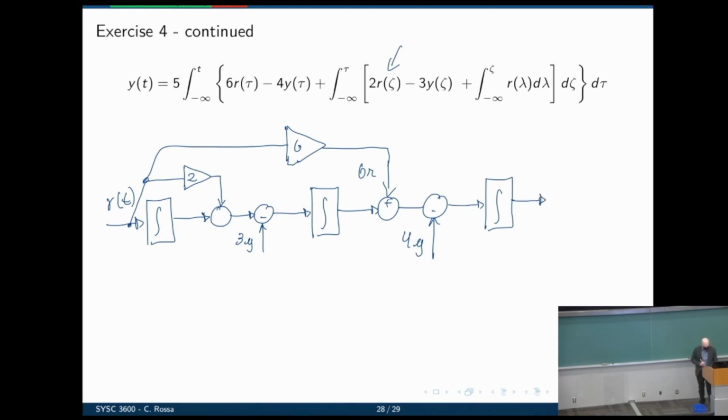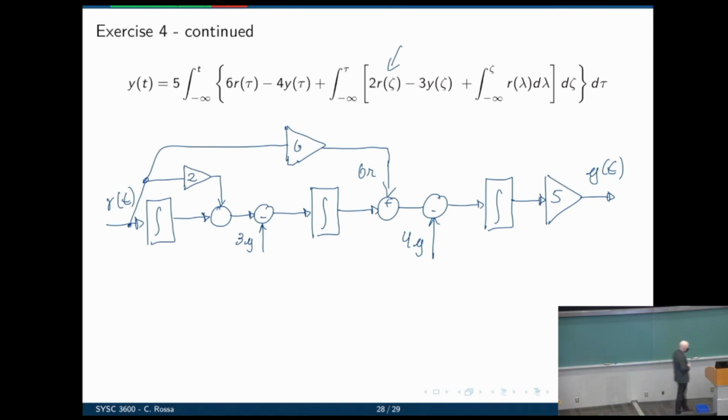And what is the output there? Well, the output is now the output of all these 3 integrals. We have to multiply that by 5 now to get y of t. So this multiplied by 5 is y of t. And now we can complete the loop.